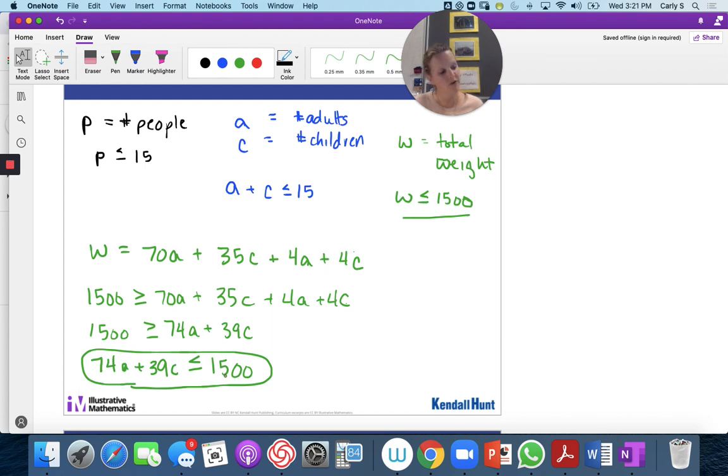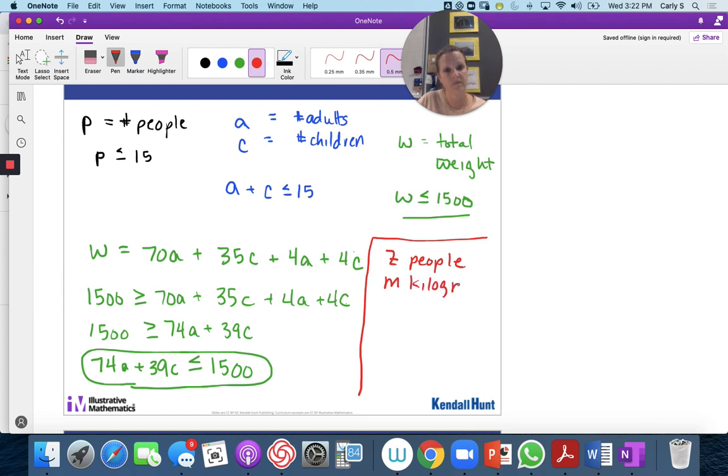And then rewrite your equations and inequalities so they would work for a different building where an elevator car can hold at most Z people. Each car can carry a maximum of M kilograms, and each person carries G kilograms of gear.